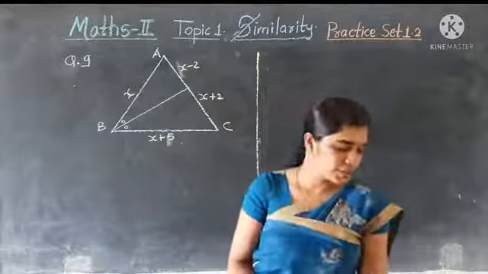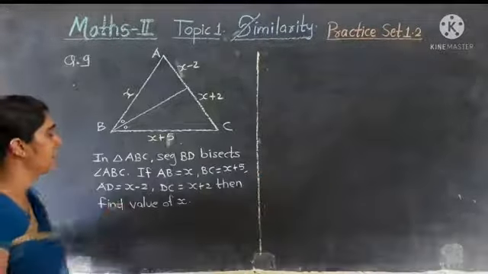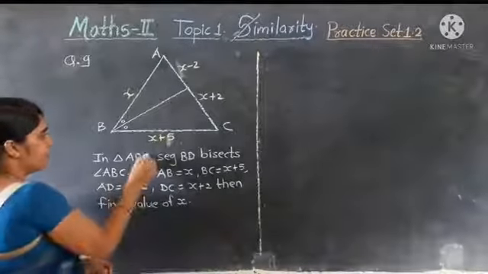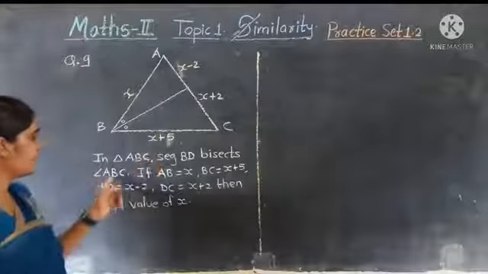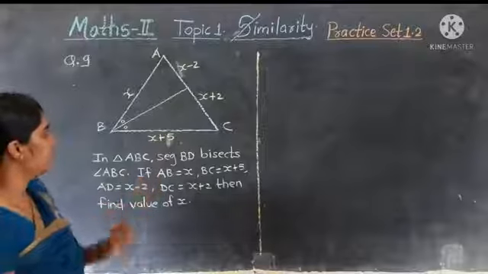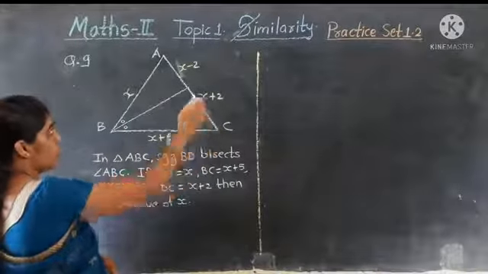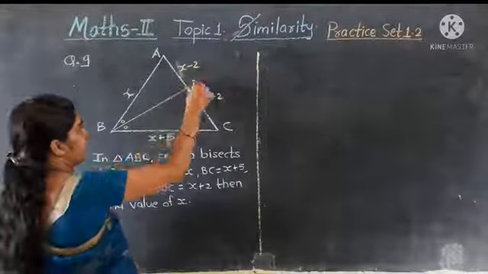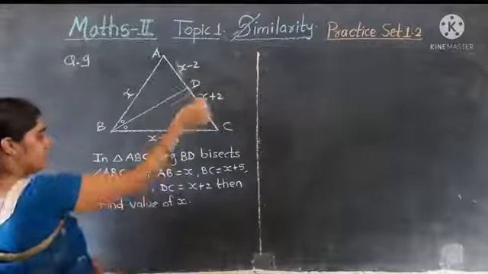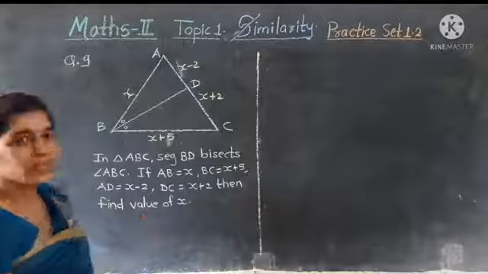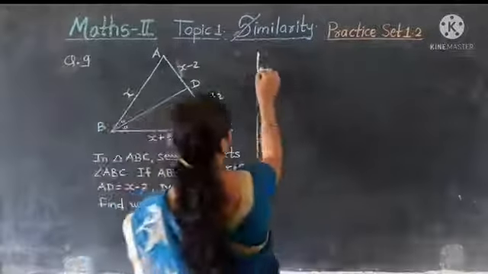See question number 9. What is given in question number 9? In triangle ABC, segment BD bisects angle ABC. If AB is given x, BC is given x plus 5, AD is given x minus 2 and DC is given x plus 2, then we have to find the value of x.